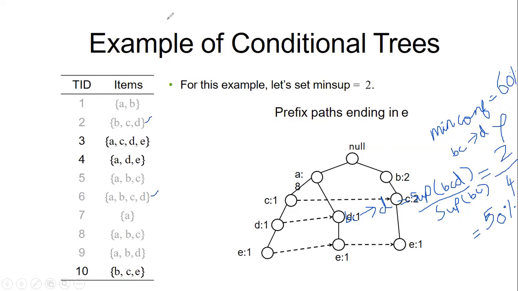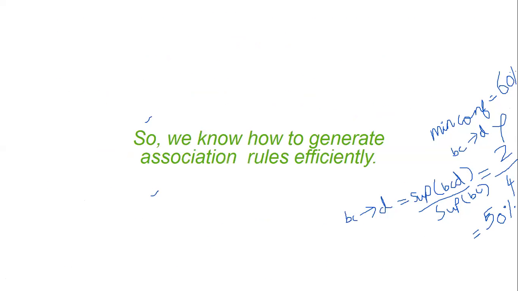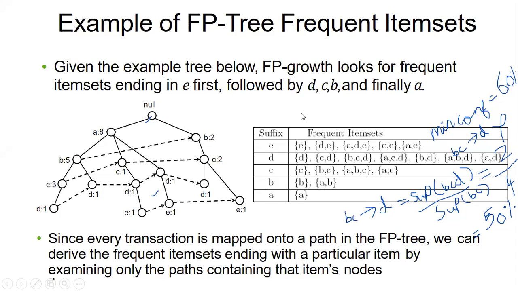Like this we have to take it for all the transactions. Then we'll go for B tends to CD, D tends to BC, C tends to BD, A tends to B, and so on. All combinations we have to try.